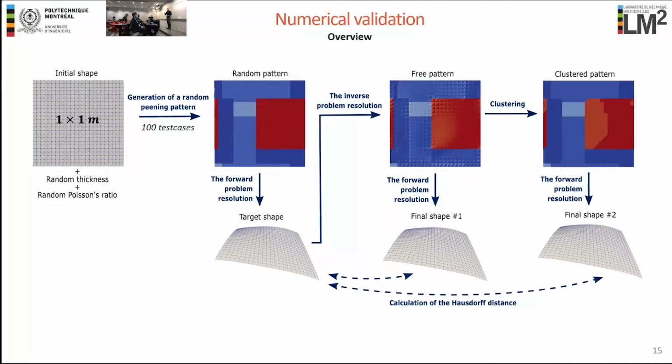Then we solved the forward problem for each test case, and in this way, we had 100 random target shapes. We used these target shapes to validate the inverse problem solver. The objective of the inverse problem solver was to reproduce the random pattern that was generated initially.